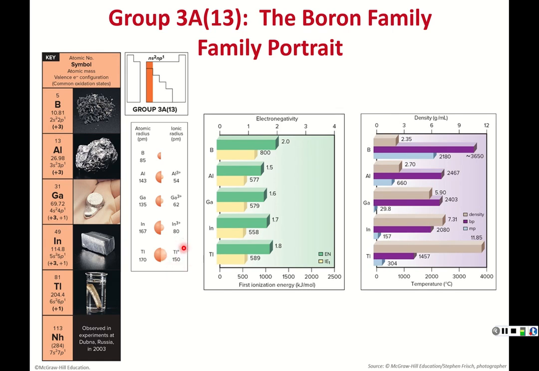And so that's shown here with thallium. It's a +1 state, where all these others are shown as the +3 state. Okay, electronegativities start to go down, but then they increase as you go further down that group, which you wouldn't really expect. And the first ionization energy sort of does that as well here, at least at the end. And that's again that inert pair effect.